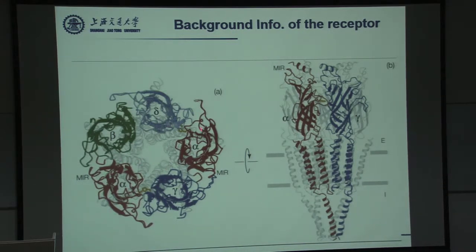If it's alpha-7, they are all the same, all alpha. There are many classes of these proteins, but for human they are all the same. This alpha-7 is the most dominant for human.